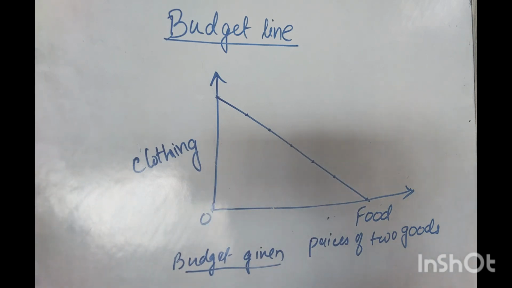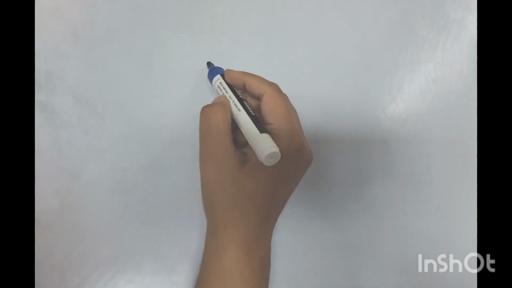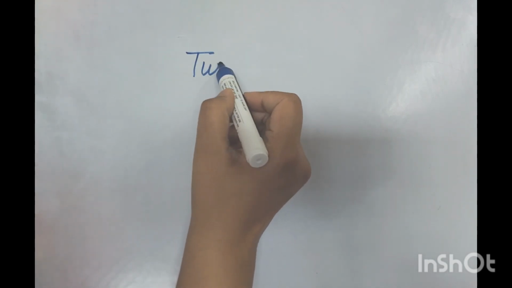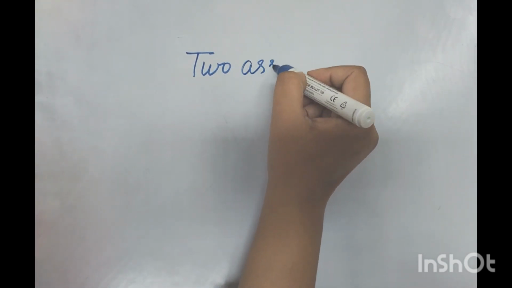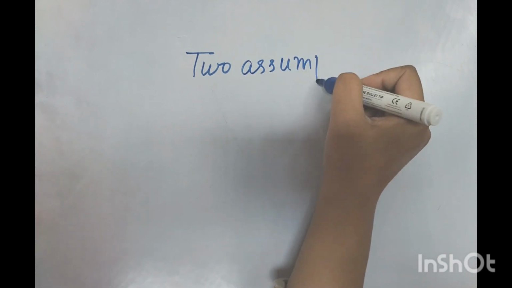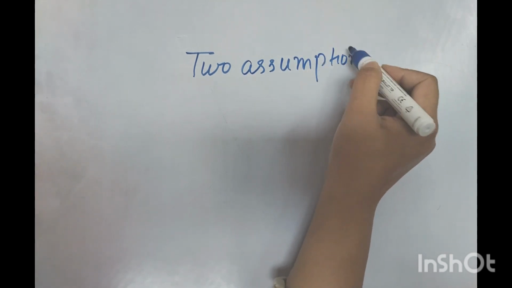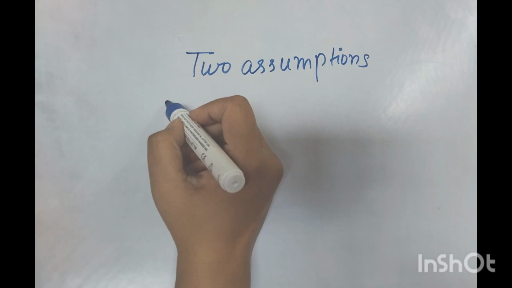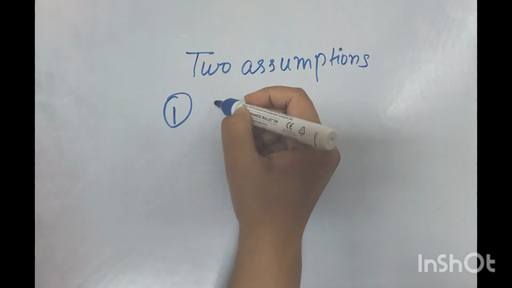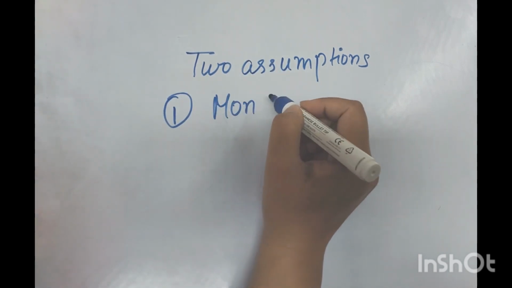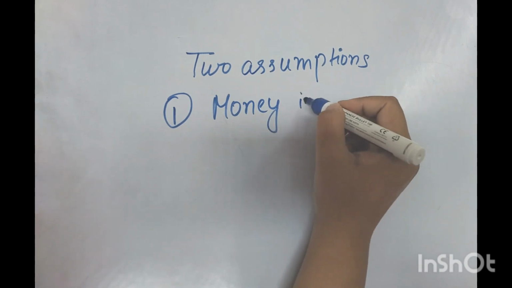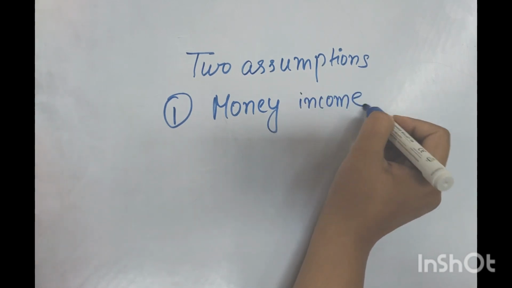Next, we have to follow two assumptions while drawing this budget line. What are the assumptions? First, the money income of the consumer is fixed. Money income is given.